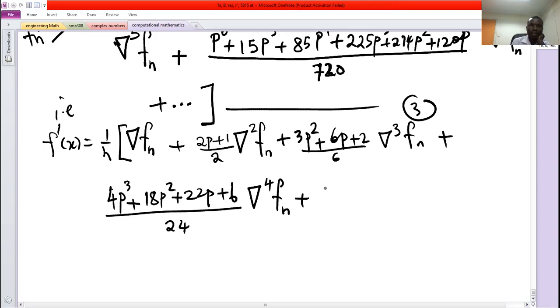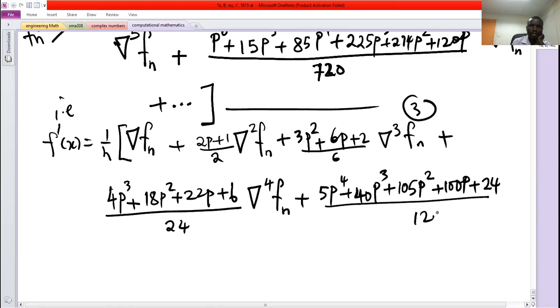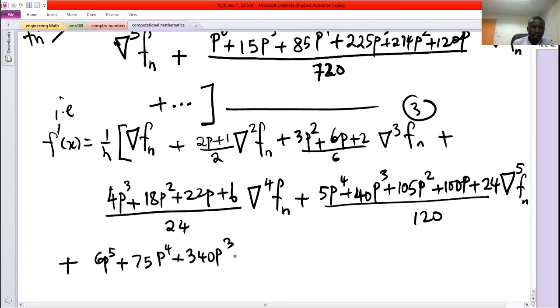Next time when you differentiate, you get 5p power 4 plus 40p power 3 plus 105p squared plus 100p plus 24 divided by 120, fifth backward of fn plus, next time when you differentiate, you get 6p power 5 plus 75p power 4 plus 340p power 3 plus 675p squared plus 548p.